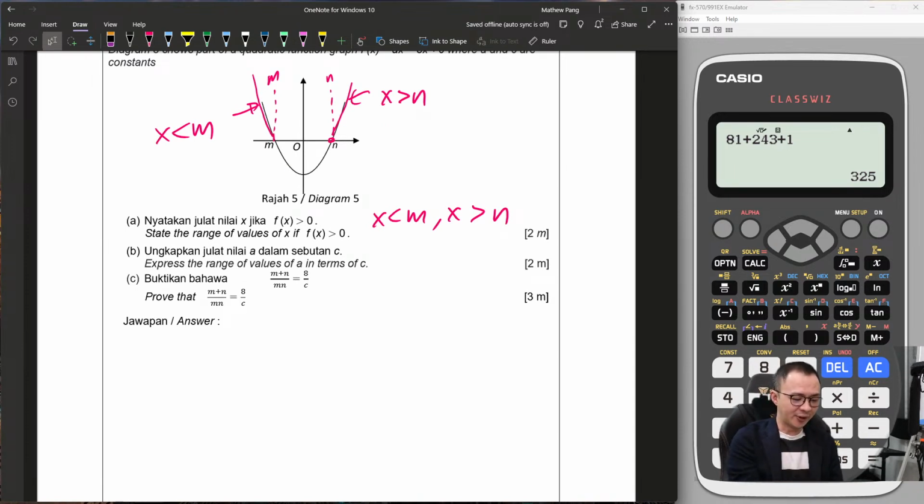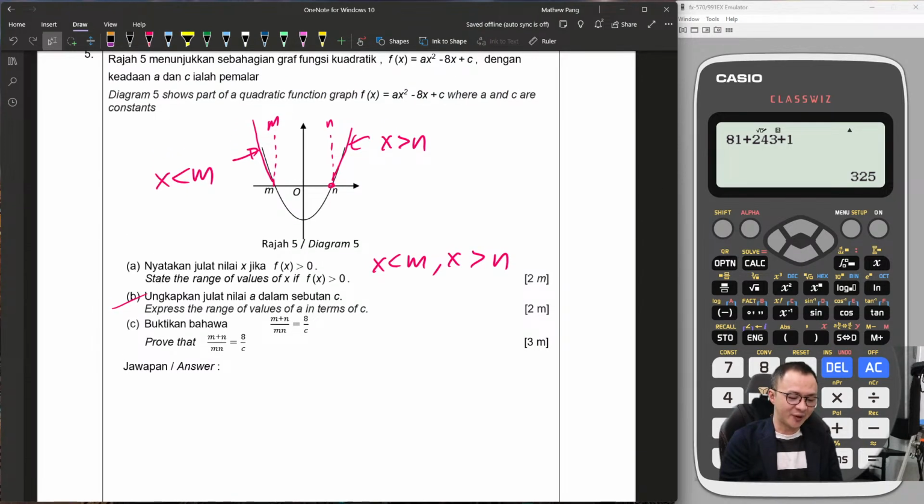Okay, so for part B, express the range value of a in terms of c. Okay, so I guess because I have two different roots, right? So b squared minus 4ac must be bigger than 0. Yeah, for 4b you can just go check out the small change. I definitely have the content about small change.